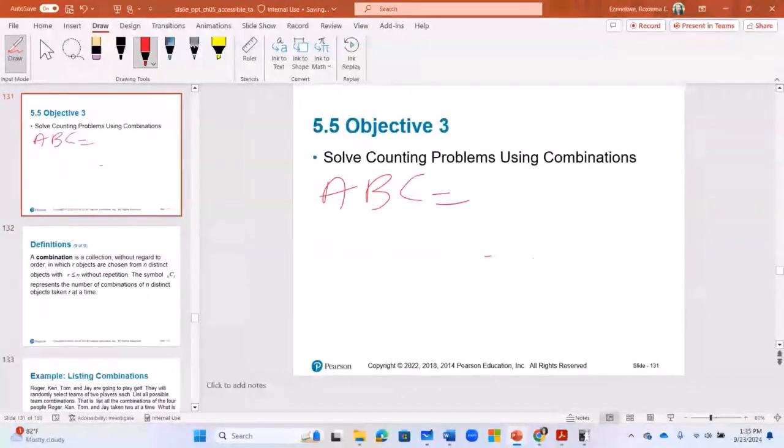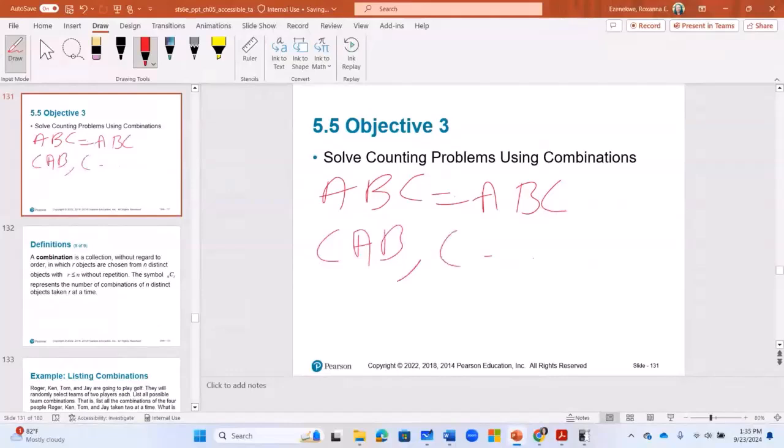If order is not important, then ABC is equal to ABC. Because even if I say ACB, CAB, CBA, they are still going to be ABC.